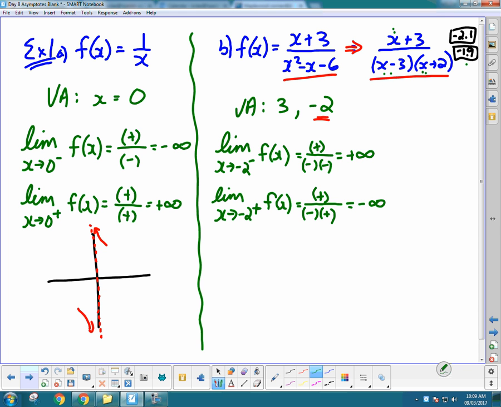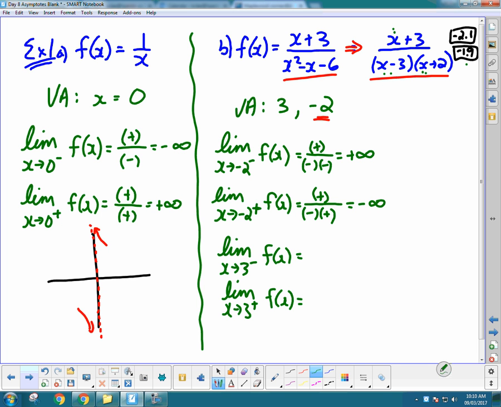Since I have two vertical asymptotes here, I have to investigate the left and right side of the other one. So very quickly, I'll say the limit as x approaches 3 from the left, and the limit as x approaches 3 from the right, of f at x.